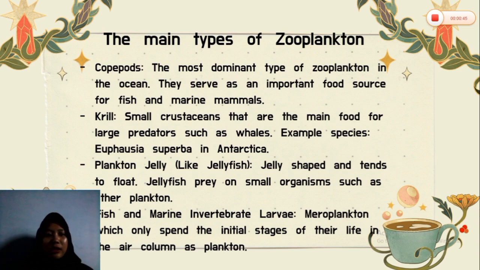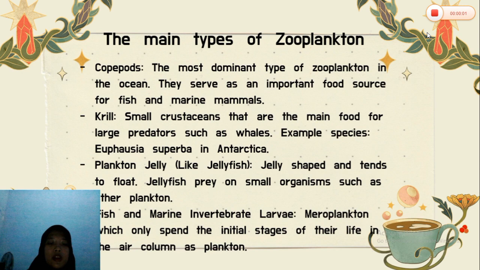Example species, Euphausia superba in Antarctica. The last, plankton jelly, like jellyfish, jelly-shaped and tend to float. Jellyfish prey on small organisms such as water plankton. Fish and marine invertebrate meroplankton, which only spend the initial stages of their life in the water columns as plankton.